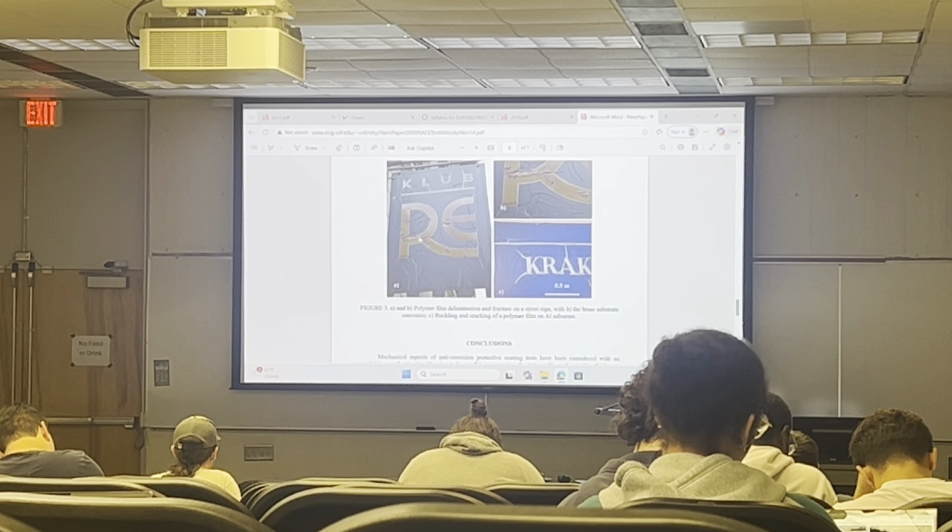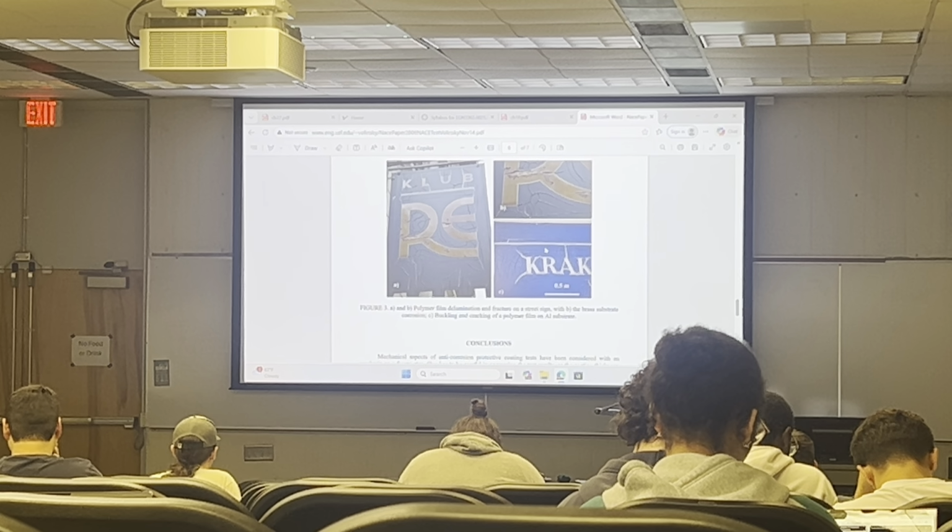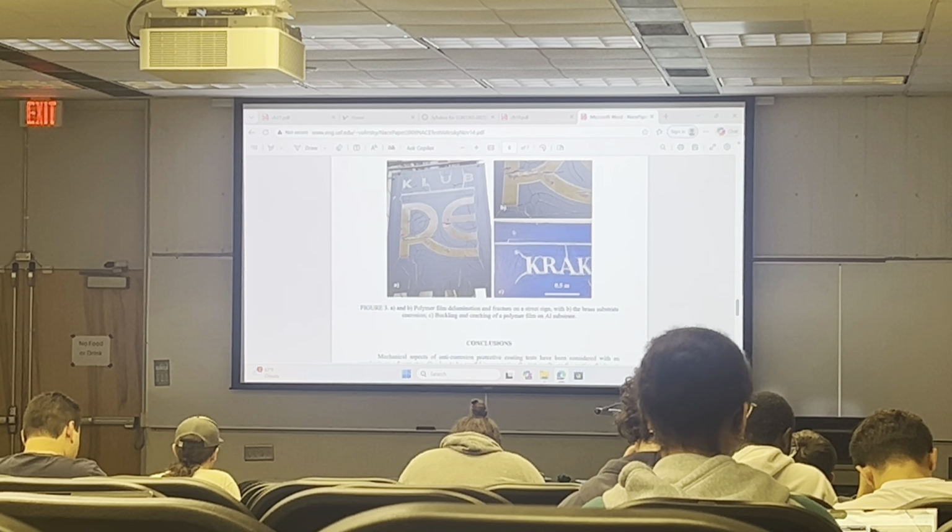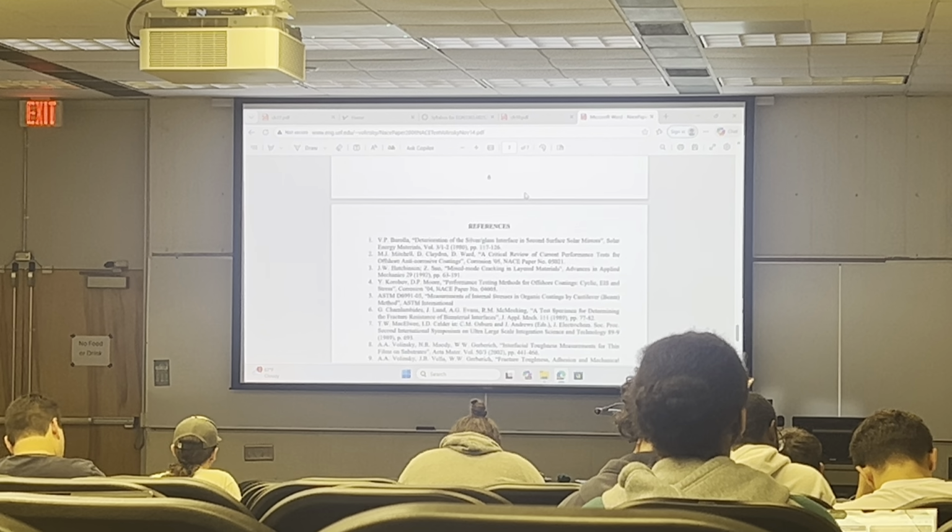This is copper with some plastic, and this is aluminum with some plastic. You can see fracture at the stress concentration points, and due to ratcheting, buckling of the same film, and then deterioration due to the corrosion attack.